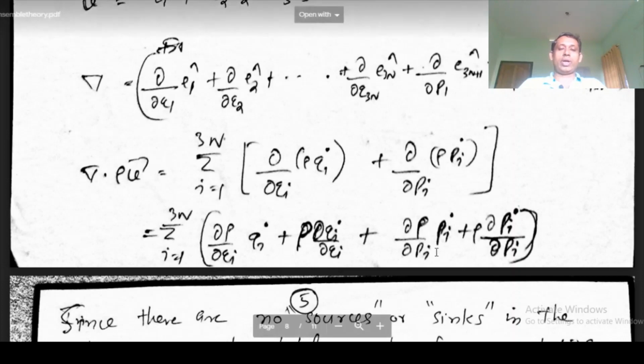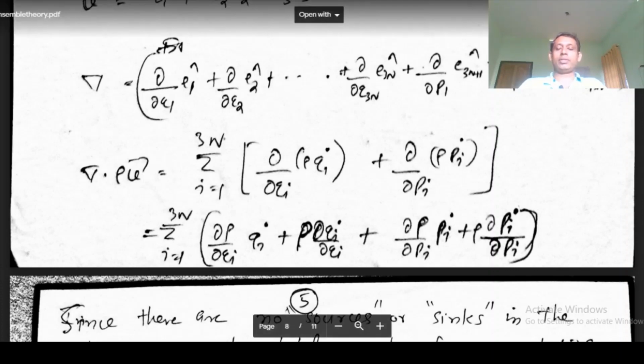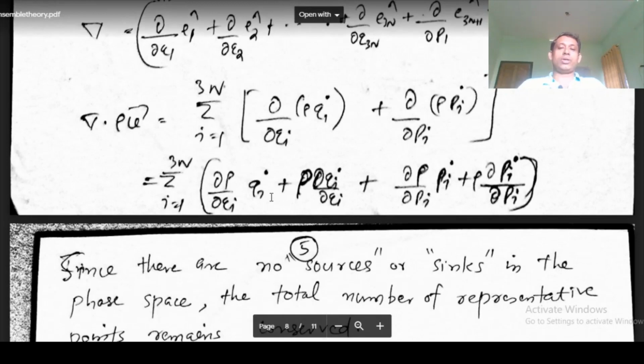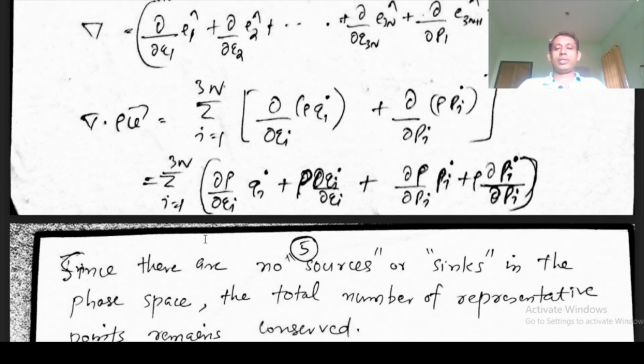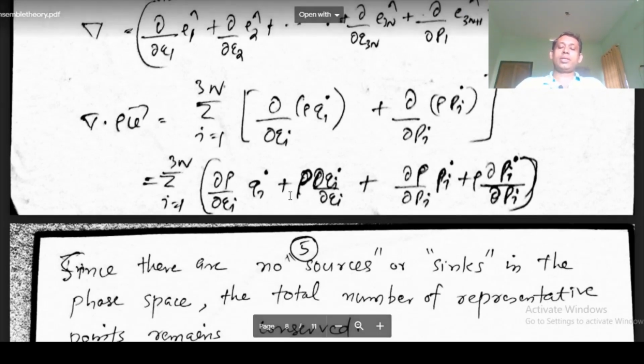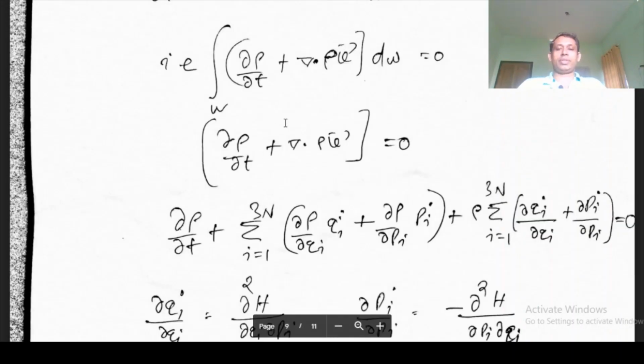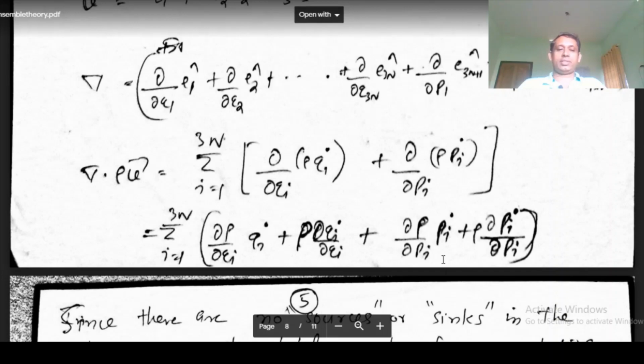So I am using the product rule here: ∂ρ/∂qi times qi dot plus ρ times ∂qi dot/∂qi. In a similar way, ∂ρ/∂pi times pi dot plus ρ times ∂pi dot/∂pi. So this is our del dot ρv, and I am substituting this here for del dot ρv.